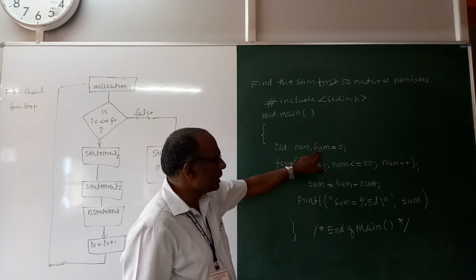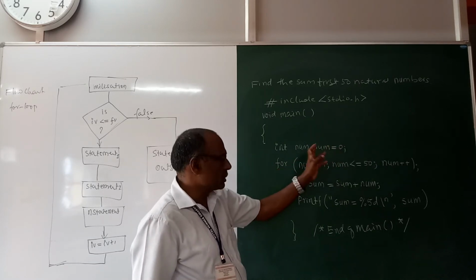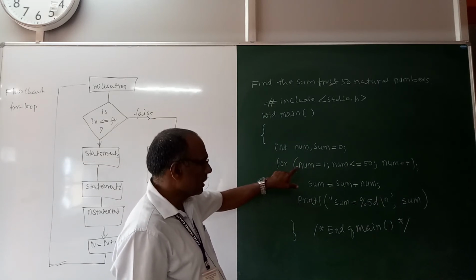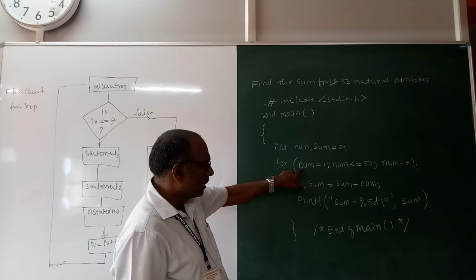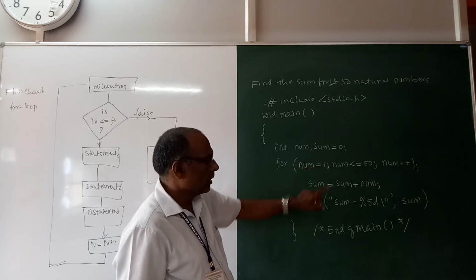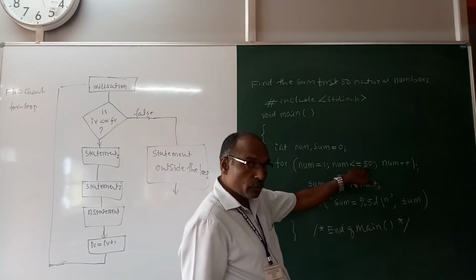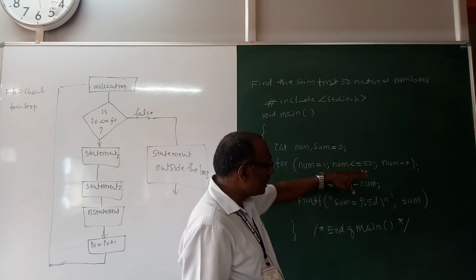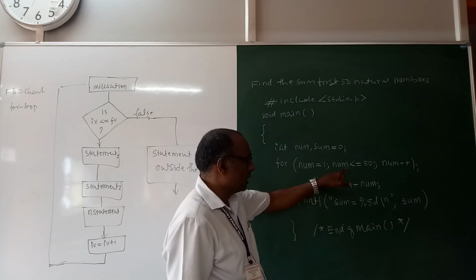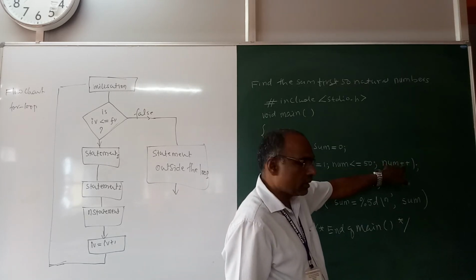Sum is also an integer, and it is initialized here. Now the for loop starts from this control. The number is initialized, and should be less than or equal to 50. We know how many times it is executed from this.